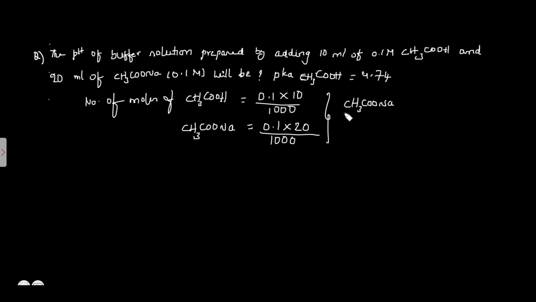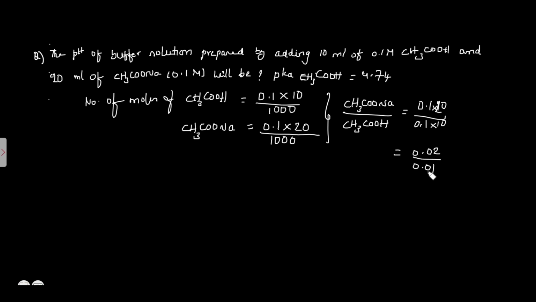Okay, when you simplify this, you will get CH3COONa. Why am I doing that? Because in the Henderson equation, you will get the salt by acid, right? You will get 0.1 into 20 divided by 0.1 into 10, right? That will become 0.02 by 0.01.